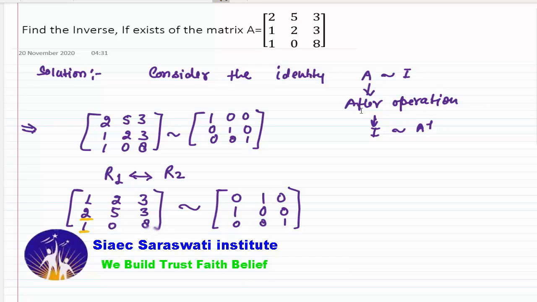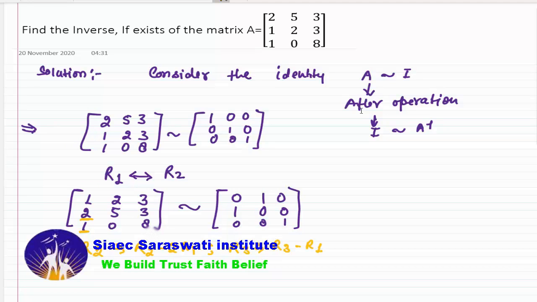For that we develop some properties. The property will be that R2 implies R2 minus 2 times R1, and the next property will be that R3 implies R3 minus R1.